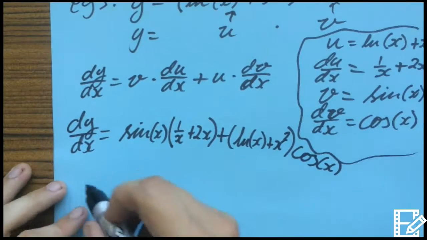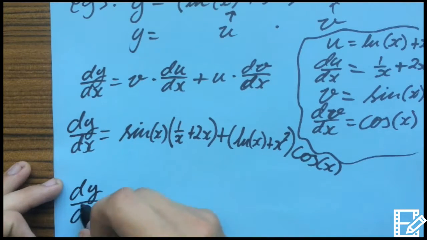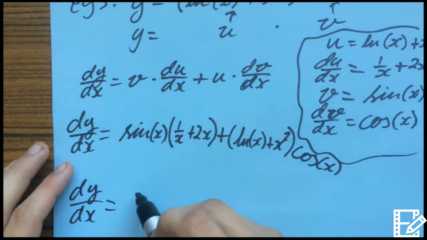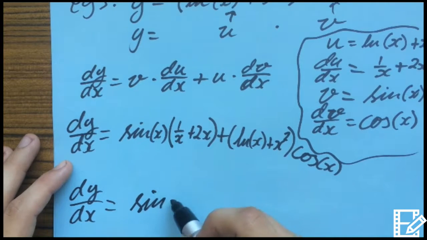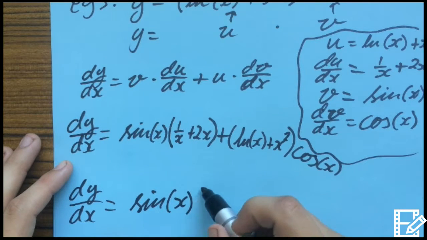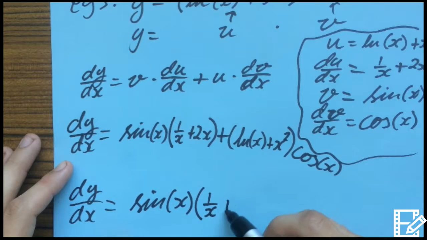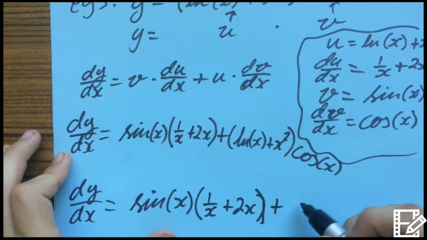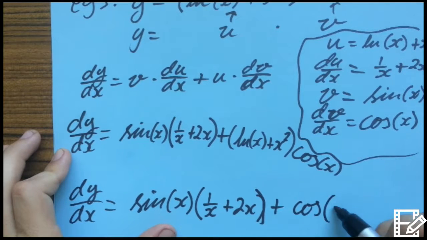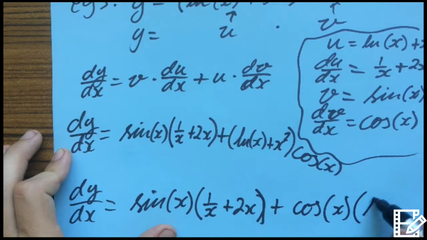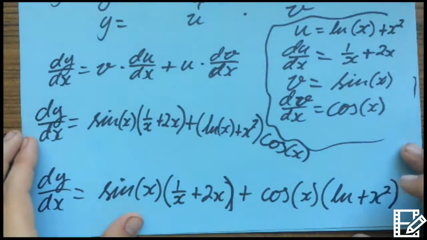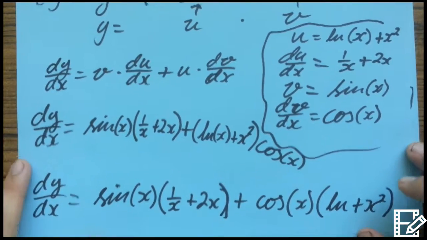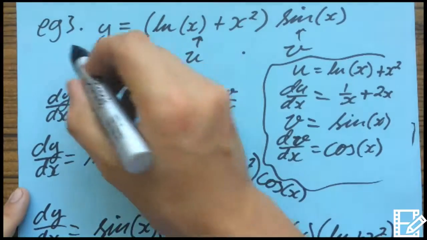So if we rewrite that, dy/dx, we'll have sine x multiplied by 1 over x plus 2x, plus cosine of x multiplied by ln x plus x squared. And that is the first derivative of this.